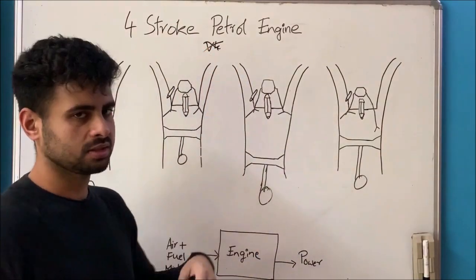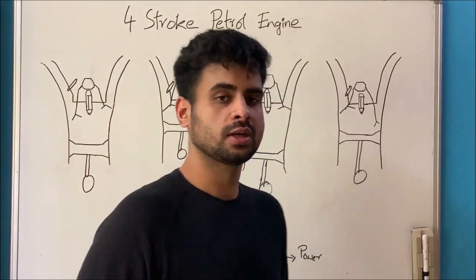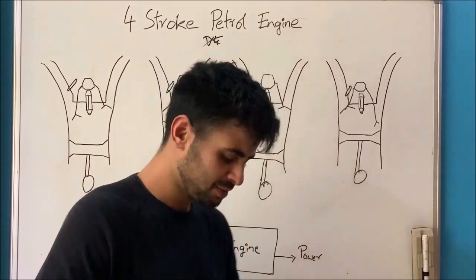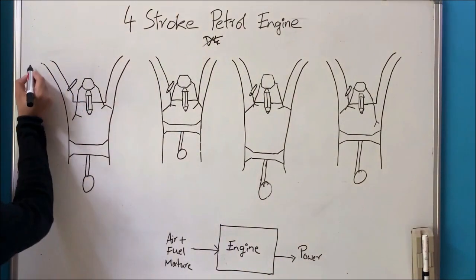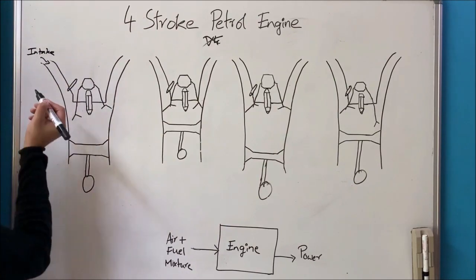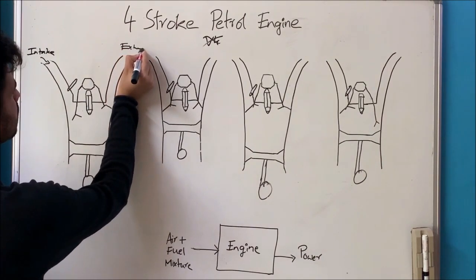Let me not even write that, it's confusing. And also, just before we start the explanation of how it works, let me just label the parts like it's a school 2-mark question. So quickly, the intake manifold that takes in the air, exhaust, obviously input and output.